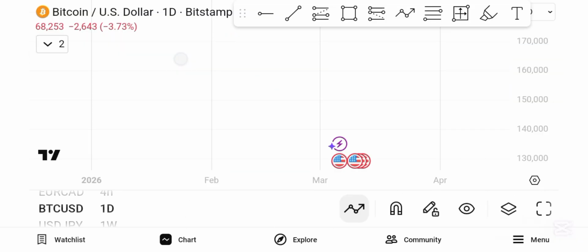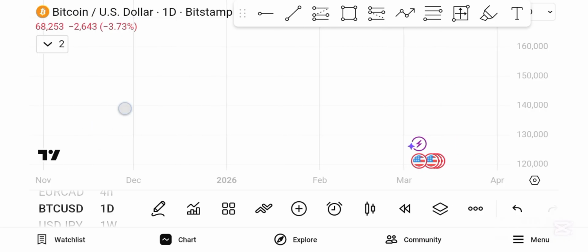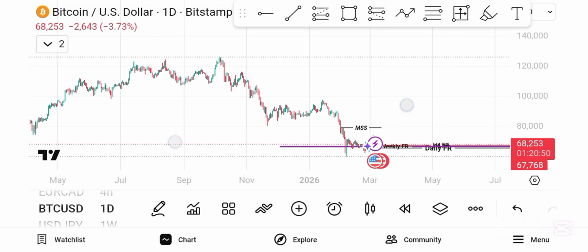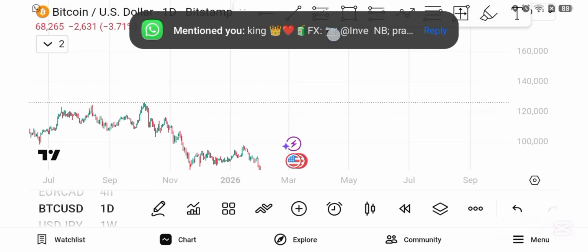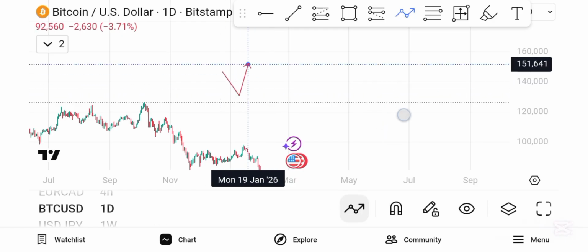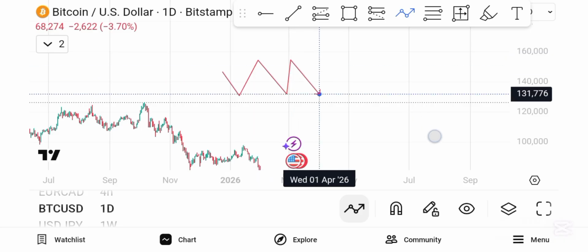Then the ranging market, you can't choose a break of structure or anything because it's in a range. You can only mark out this. For instance, this is a ranging market.